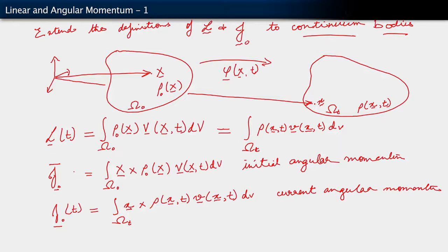But the current angular momentum, of course, is one that will remain a function of time, so this definition is fine. Actually, to complete it, we should also probably state that t goes to t0, to indicate that all of that is initial. So we won't revisit this initial angular momentum. It's really not of interest to us. We will work with the current angular momentum.